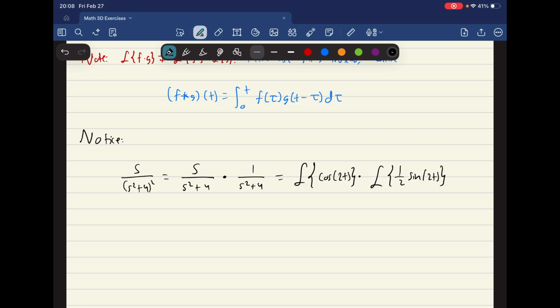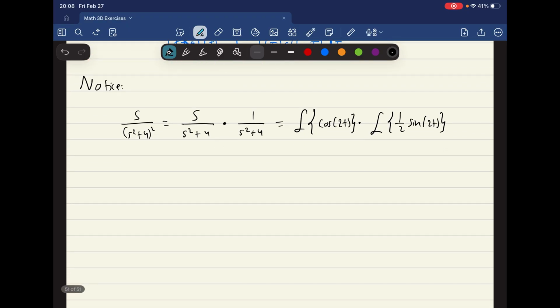Why is this useful? Well, we know from the above that this is equal to the Laplace transform of the convolution of these two functions: cosine 2t convolved with 1/2 sine of 2t.